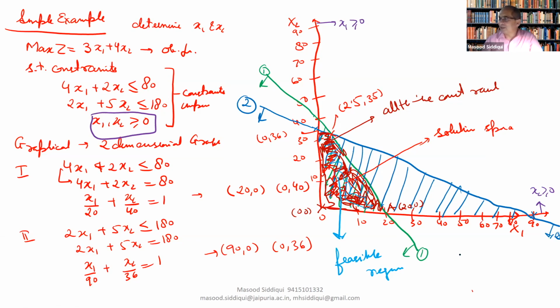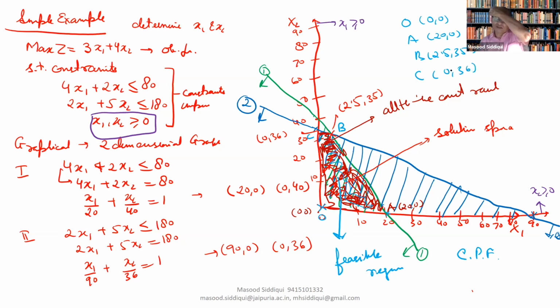Now here we consider a concept that is known as the corner point feasible solution. Corner point feasible solution means here we have corner points: O, that is 0, 0; A is 20, 0; then B is 2.5, 35; and the last is C, which is 0, 36.